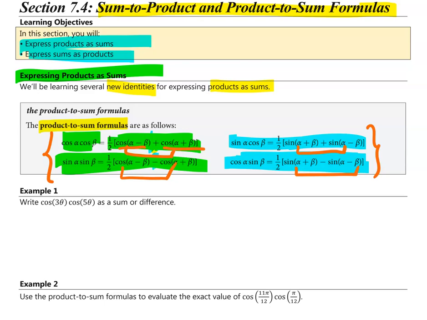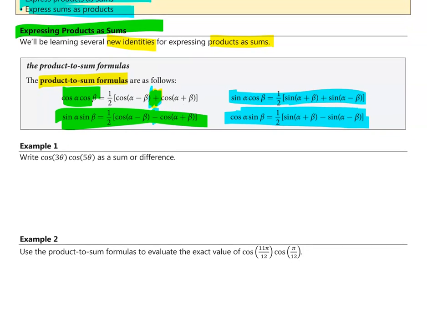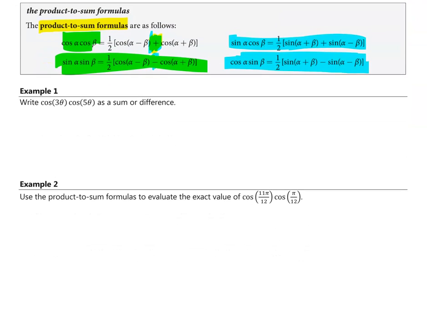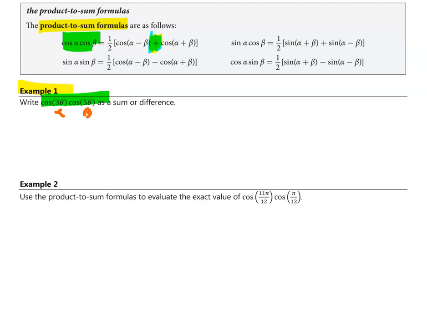Okay, and now let's use these formulas to solve these examples. Example number 1, write cosine 3 theta and cosine 5 theta as sum or difference. So as you can see, cosine, this is your alpha, this is your beta, so we're going to use this.